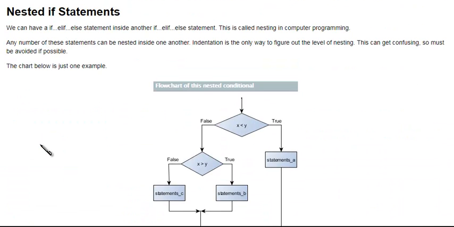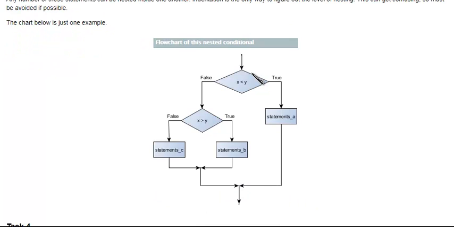So if we end on this note that these statements can be nested, and so you can have very complex programs. The idea isn't to make your life miserable and give you very, very hard things to program. I just want you to have the idea. You should be aware, however, that this can get a bit complicated. So here your program can come along and check if this condition is true or false. If it's true, for example, if x is less than y, then you can come here.